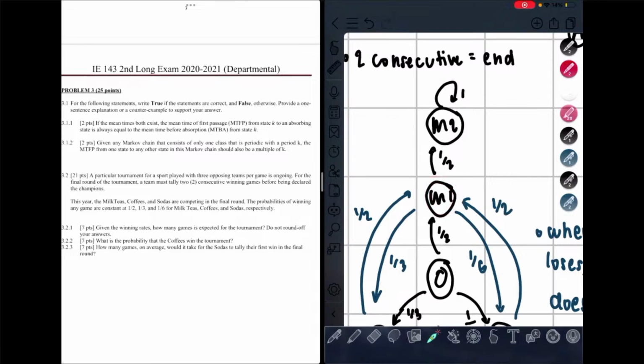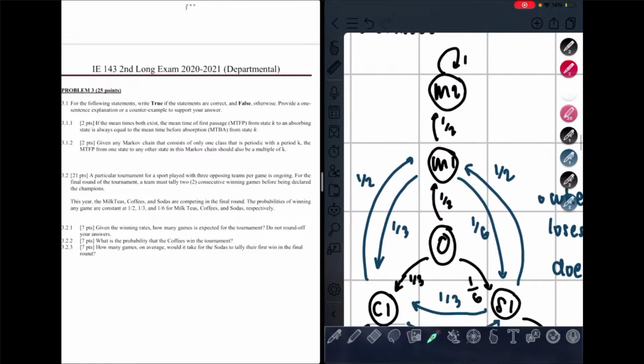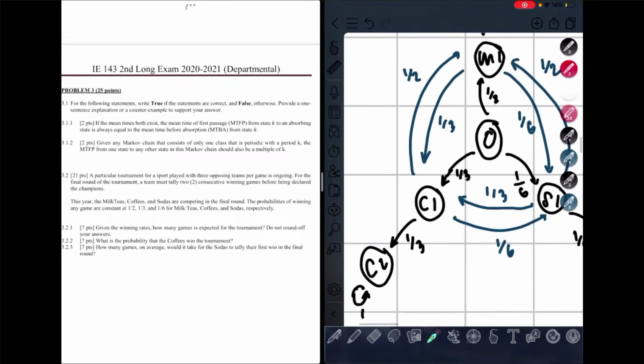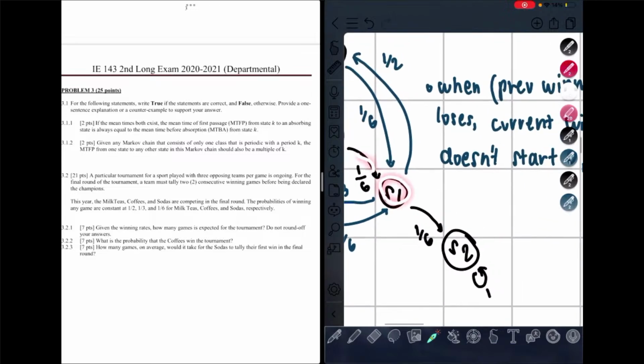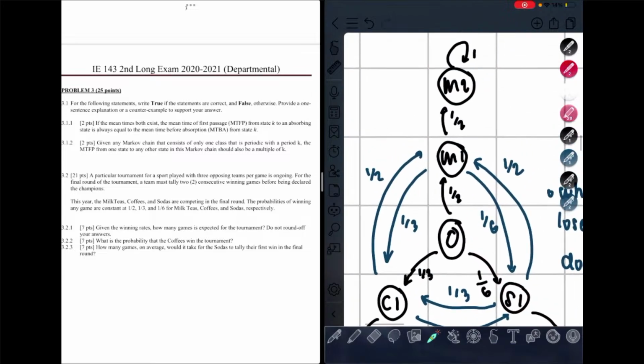Then from this position, if they win again, and the probability of winning is 1/2 again, they reach 2 wins in a row and they win the tournament. Essentially, we apply the same logic for the coffees and the sodas. That's why it looks symmetric: it's the same logic, just different probabilities.